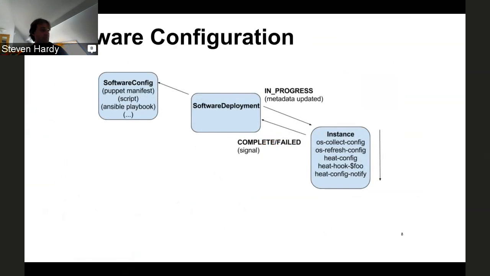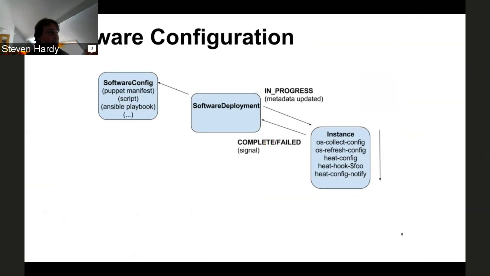So the third concept, which is kind of crucial to understanding the TripleO templates, is our software configuration workflow. So we do make heavy use of Puppet, but we drive Puppet via Heat, and Heat provides some abstractions that enable you to encapsulate configuration, and deploy that configuration on a server.